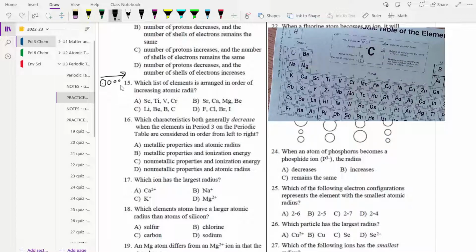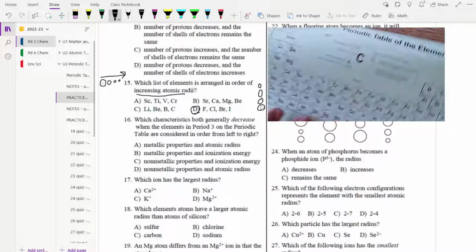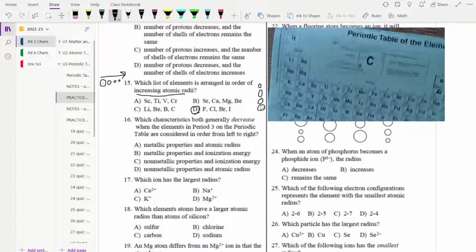So the protons have an increased effect of pulling and win the tug of war. As you add more protons, the electrons are equally distant, and so they are pulled even deeper. So with 15, fluorine, chlorine, bromine, and iodine is a connection for going from increasing atomic radii, okay? Because they go from smaller to bigger and bigger. Why do I say that? Because, I'll show you.